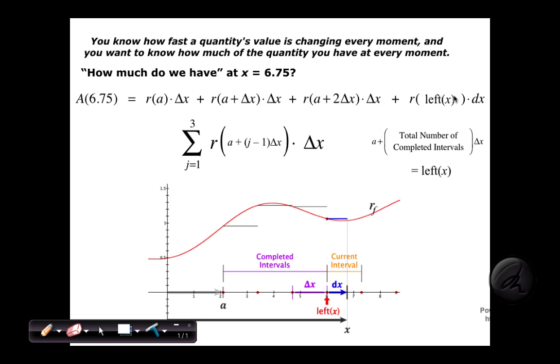So this dx part, we can also write that a different way. Can you see how, utilizing that left of x expression? Dx, remember, is just how far x is into this current interval. It's less than delta x. If I want to express how far it is, well, it's just whatever x is minus the left end of the interval.